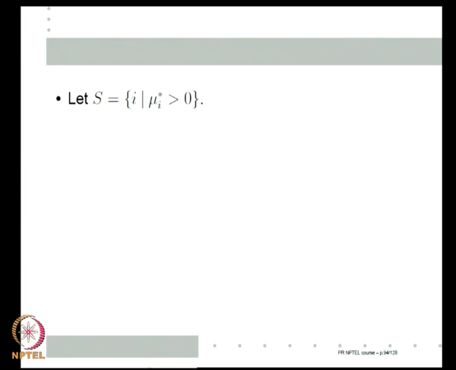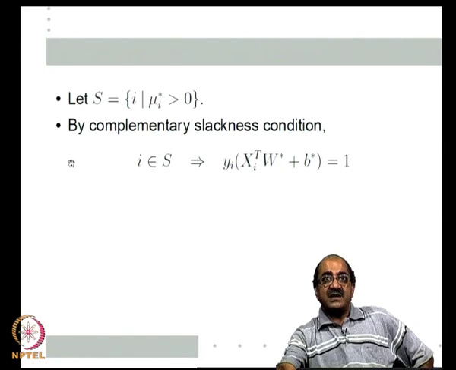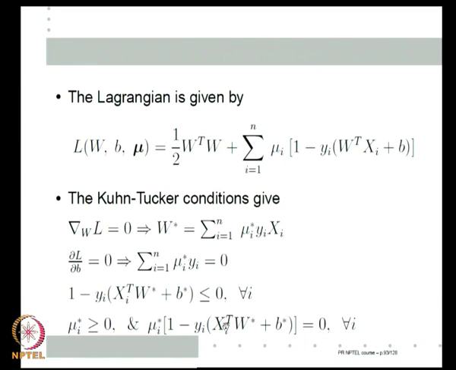Let us say we define the set of indices I for which the corresponding Lagrange multipliers are strictly positive by the set S. What does complementary slackness give me? Mu I star into 1 minus y I into x I transpose w star plus b star equal to 0.